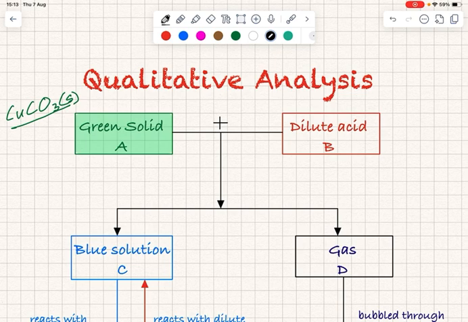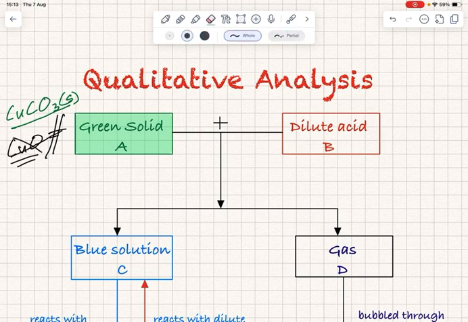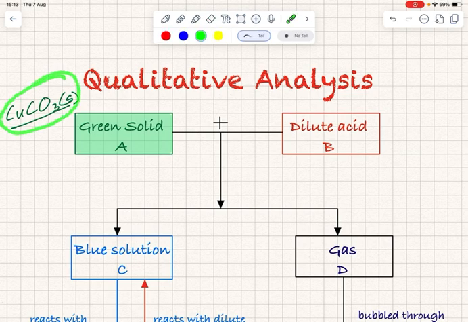And the other copper compound that is not blue is copper oxide. Copper oxide is black. So these two compounds of copper 2 need not be blue. Obviously A cannot be copper oxide because we were told that it's green, so this one is out. So we keep in mind that it may be copper carbonate.